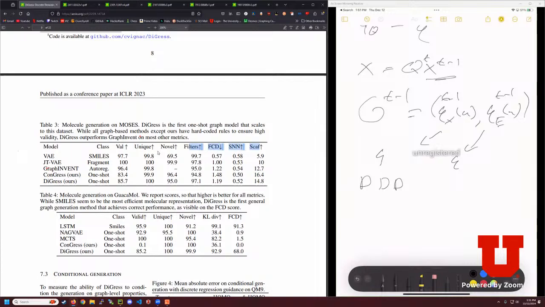That would be very useful because in practice there could be many categorical data. If we have a categorical diffusion process, that would be convenient.